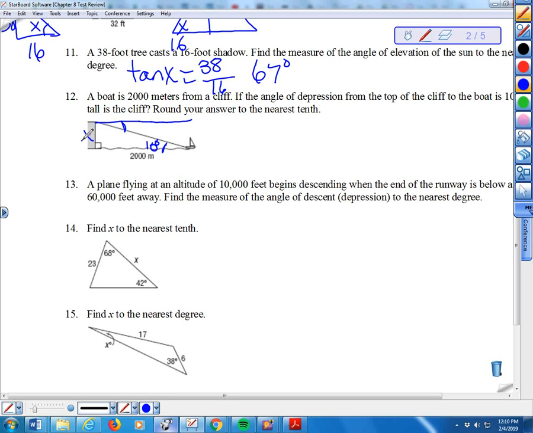I don't have the hypotenuse, right? 2,000. So I just take 2,000 times tangent 10 degrees, 352.7. And that is in meters.